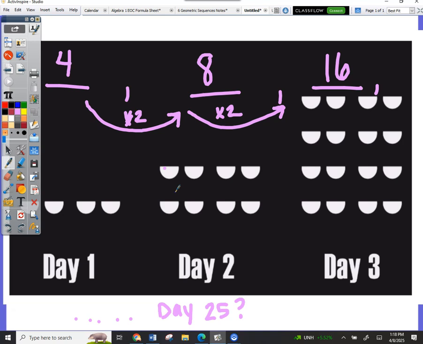So what 2 things do you need for explicit? I'll write the formula right here. Remember, you need the base of 1, your multiplier, and then you need to know n, like which one you're trying to find.